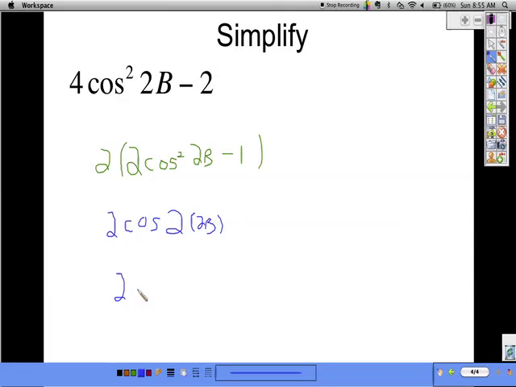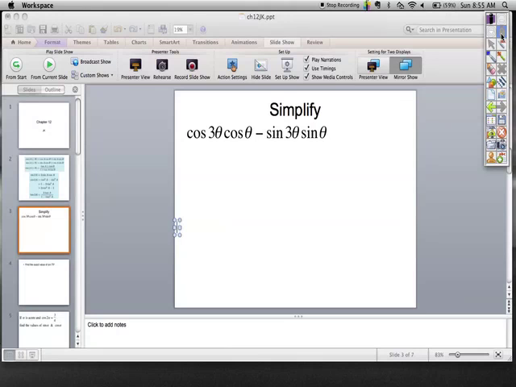In other words, I can write this as 2 times the cosine of 4b. And there is a simplified way to write the original expression.